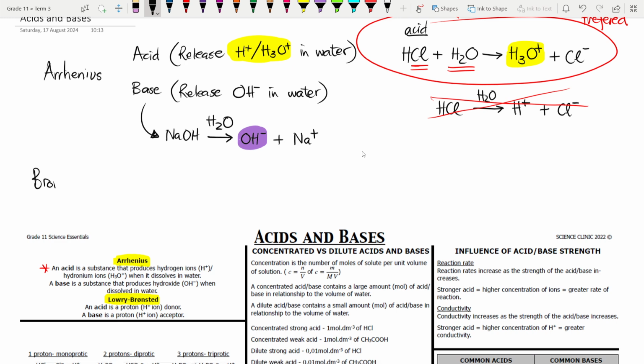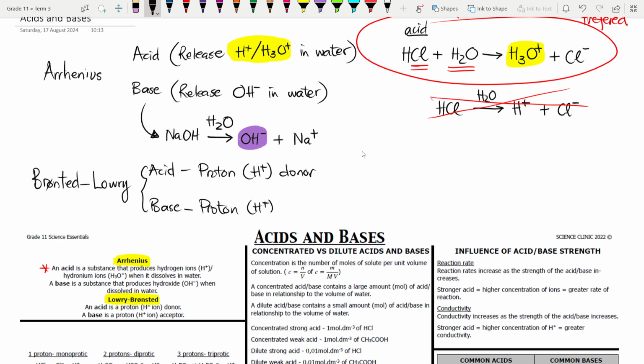Sometimes it's called Bronsted Lowry or Lowry Bronsted. They say that an acid will actually donate a proton. So an acid is a proton donor, and by a proton we mean the H plus ion. Proton donor, and then a base is simply a proton acceptor.